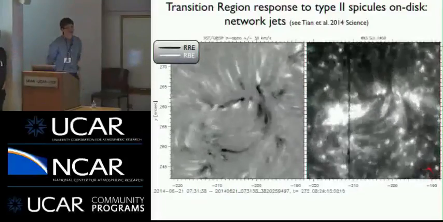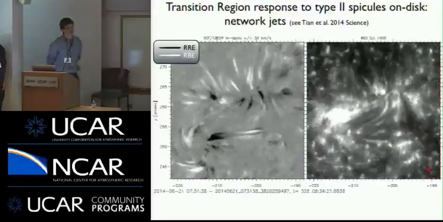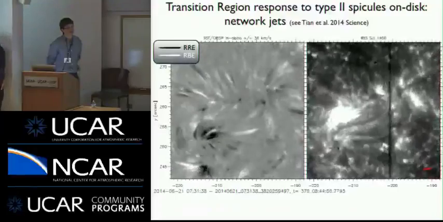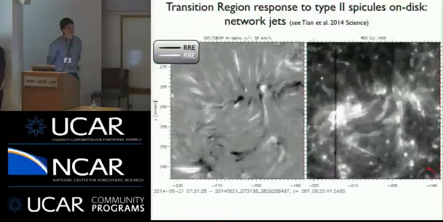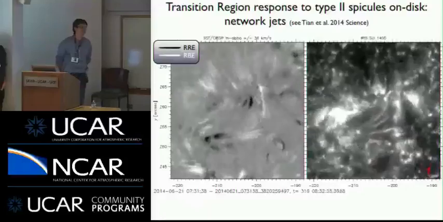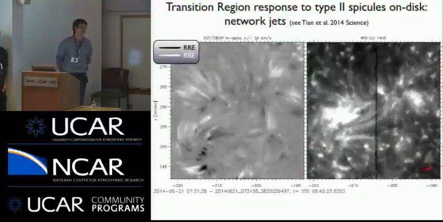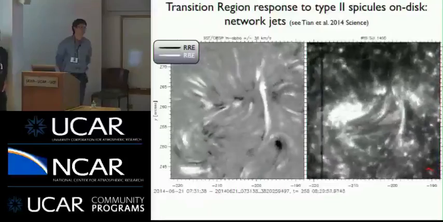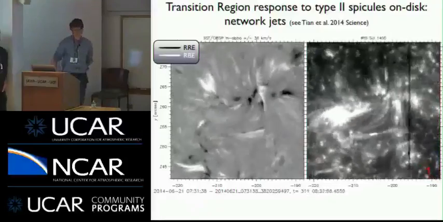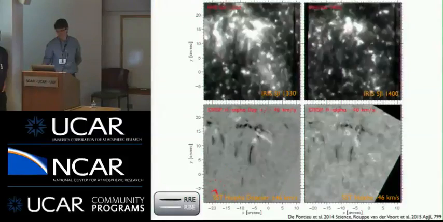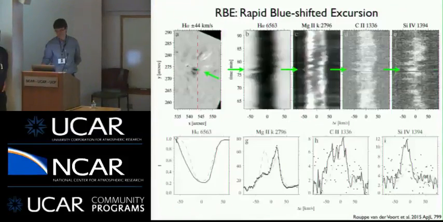I really liked your plot where you showed the parabolas of the dynamic distribution in H alpha and the shock trends in silicon. But I was wondering why there is no apparent time delay, because these are shock driven. I would expect that the compression takes some time to kick in and then show up in silicon.